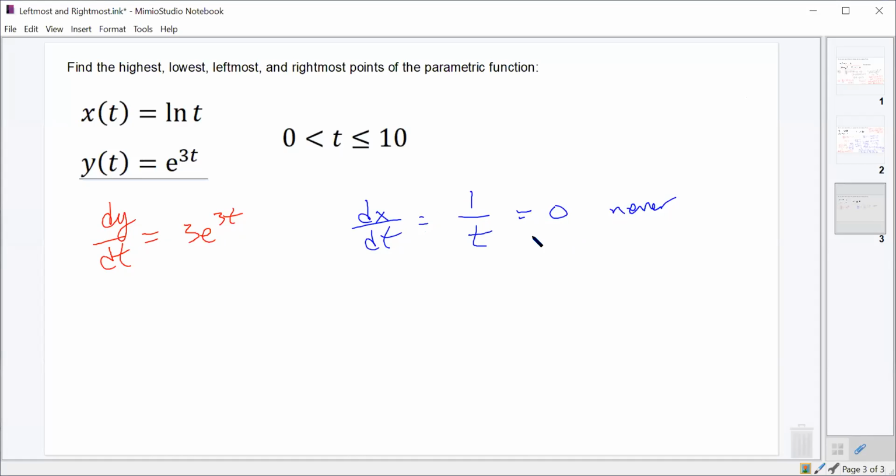Never on our interval, right? It never equals 0, and it never is undefined on 0 to 10. And what about dy dt? Does that ever equal 0? Nope. And it's also never undefined.